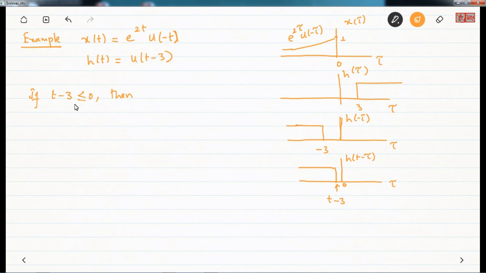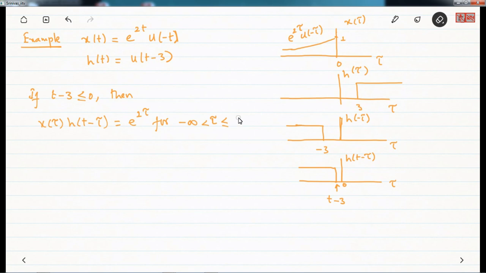So when t minus 3 is less than or equal to 0, then x of tau into h of t minus tau is equal to e power 2 tau for tau from minus infinity up to t minus 3.